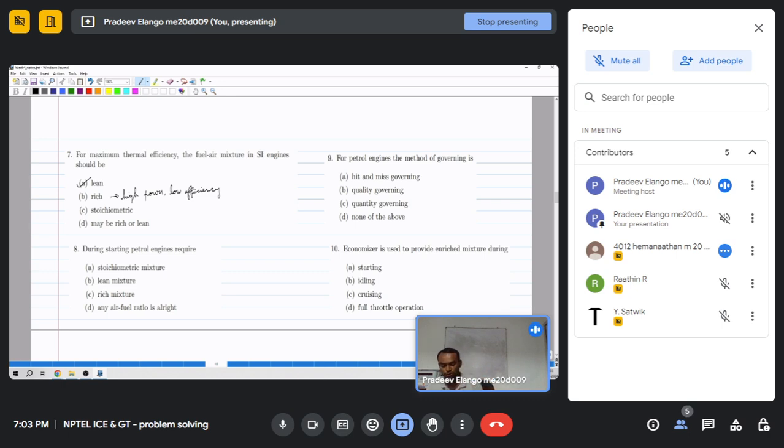During starting, a petrol engine requires stoichiometric, rich, lean, or any air-fuel ratio? Rich, yes. Why?